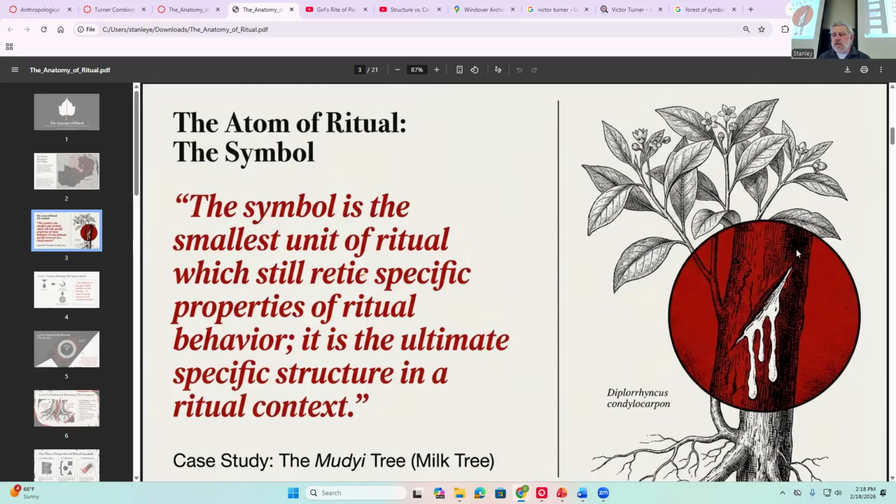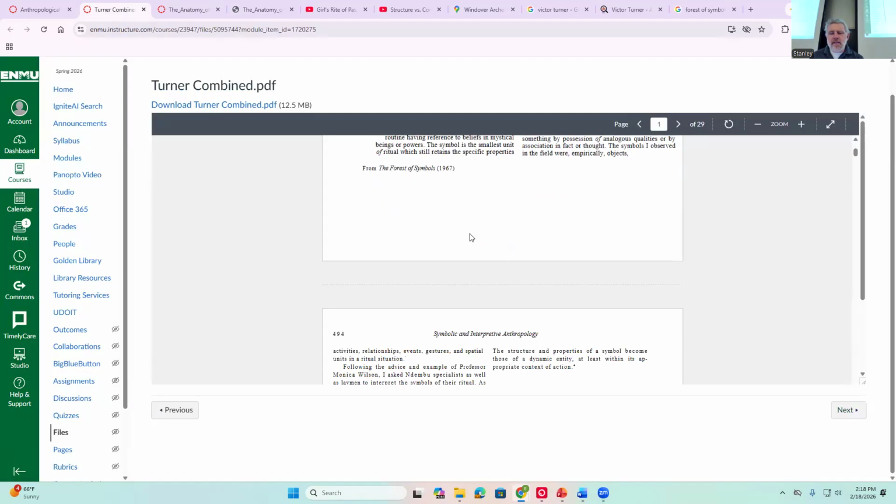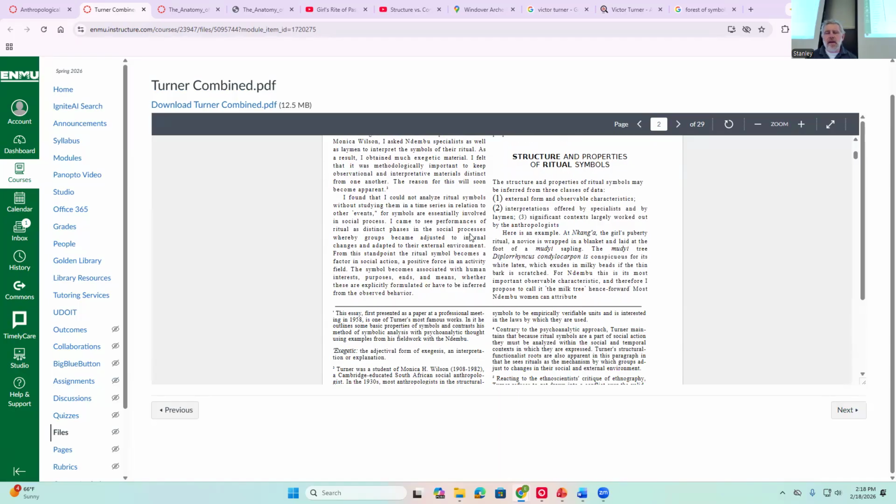And in this book, Forest of Symbols, he uses the natural world, or he uses these rituals, to talk about the symbolic properties of three different trees in Ndembu rituals. We'll particularly look at the one called the milk tree today. And in the paper that you read, he gives us a nice little pattern to go by when we as anthropologists want to study symbols.